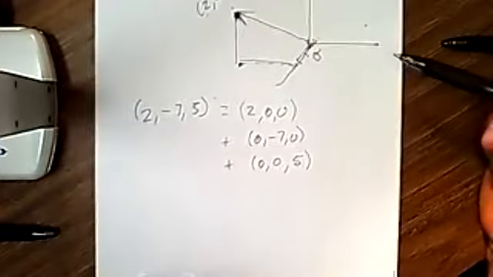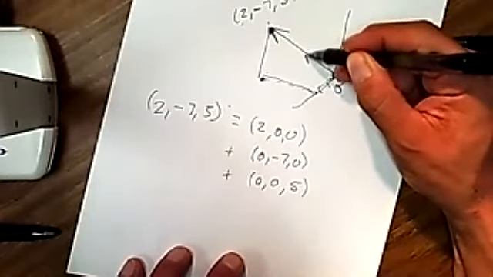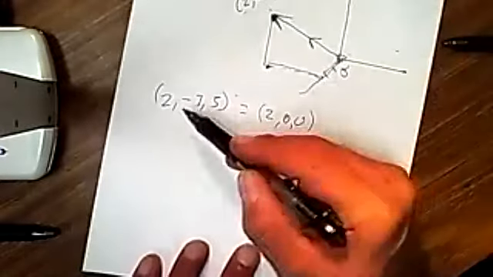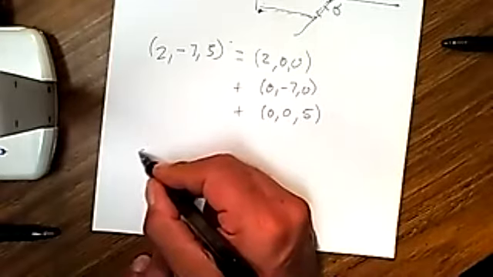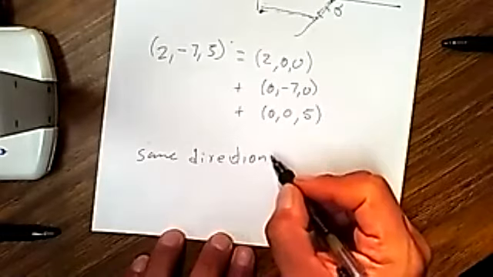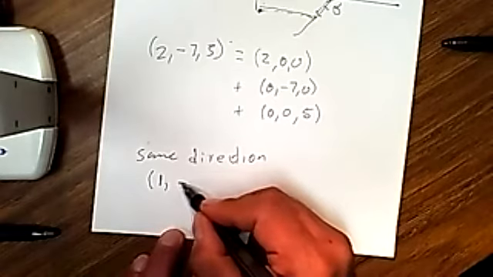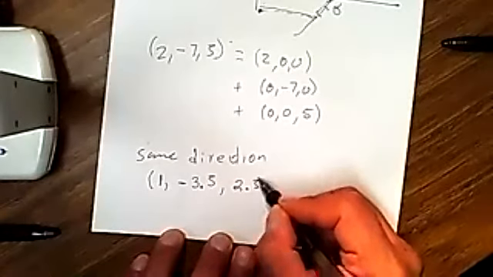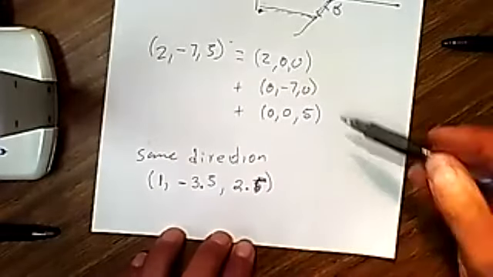And direction. So the direction could mean going from here that way, this way, regardless of how far the endpoint is. So the direction to 2, -7, 5 could be the same as the direction of the same vector, but half the way. So 1, comma, -3.5, comma, 2.5. Oops, my 5s are sometimes not very clear. Sorry about that.